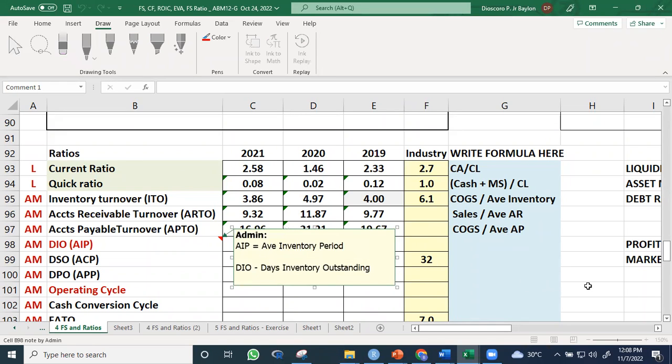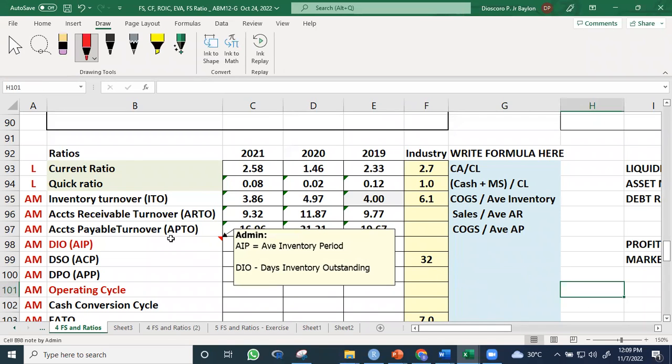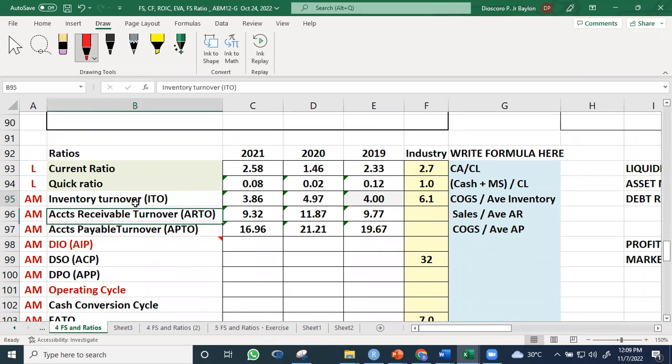All right, so yan ang meaning, class. So average inventory period, AIP, or days inventory outstanding. So ito related yan kay ITO.